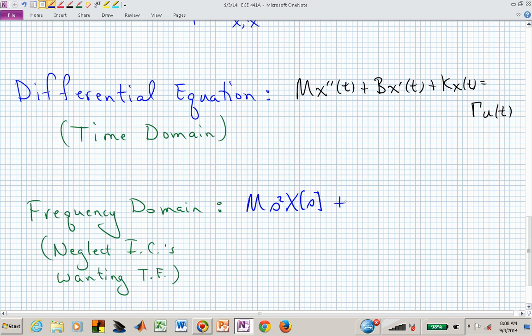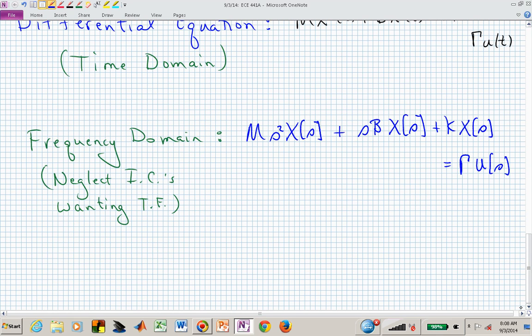Likewise for the other one, and I probably should have put the s squared in front of the m. It usually looks a little neater. So I'll put it in front of the b. s b x of s plus k x of s is equal to gamma u of s.